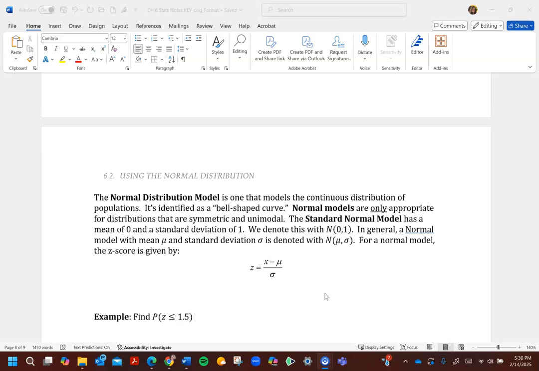for information like we're going to do now, like finding a probability, we're not going to use tables. So I'll show you when we have a question that is just based on finding the probability when Z is less than or equal to, for example, 1.5, what would that look like?